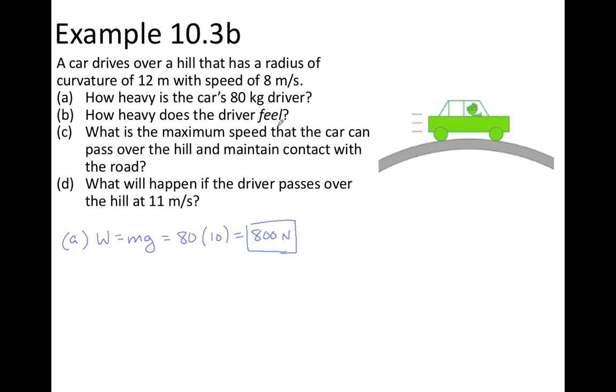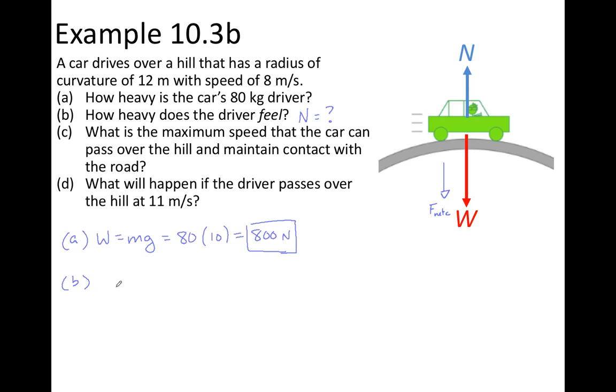Now, how heavy does the driver feel? In this case, they're asking us to calculate the value of the normal force. So we can draw a quick free body diagram. The weight force acts down, the normal force acts up, and the car and driver are in circular motion. Therefore, we need to account for the centripetal direction, which in this case is down.